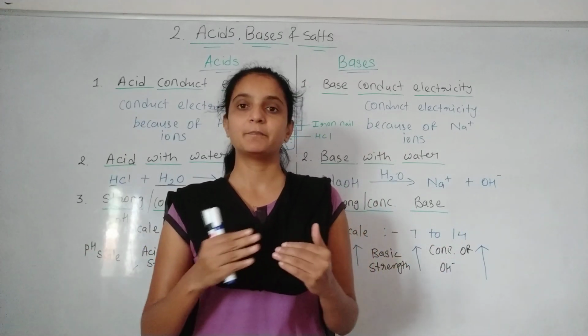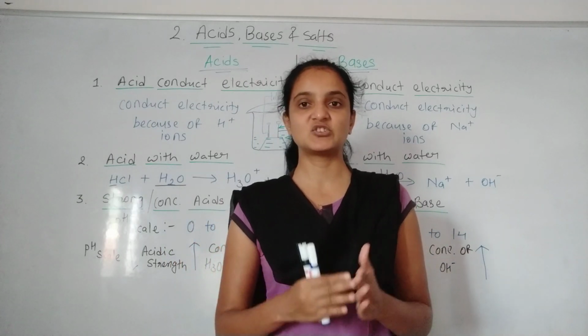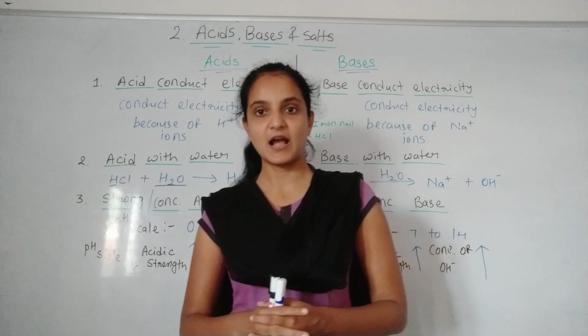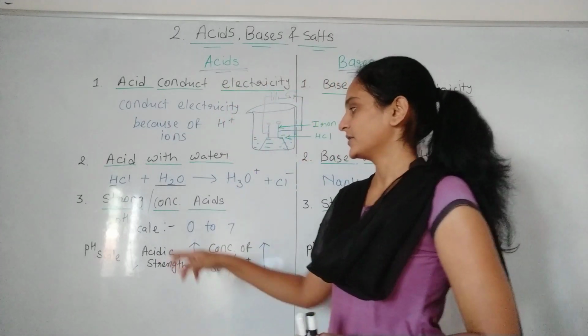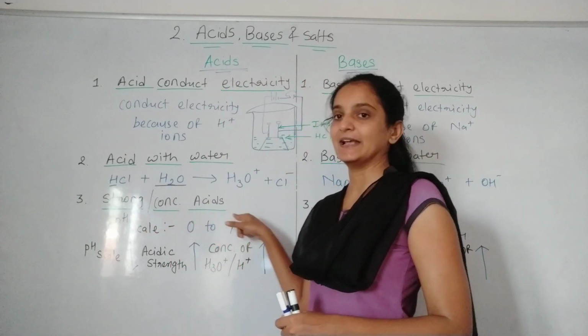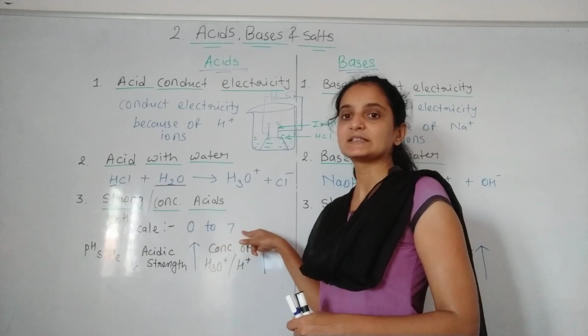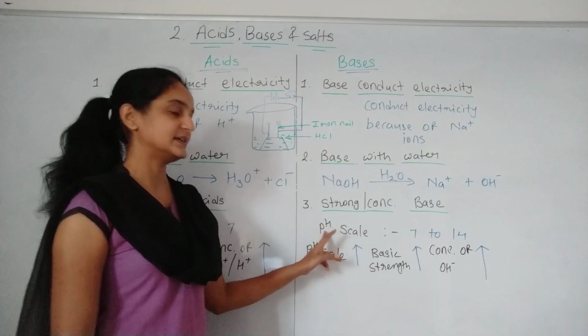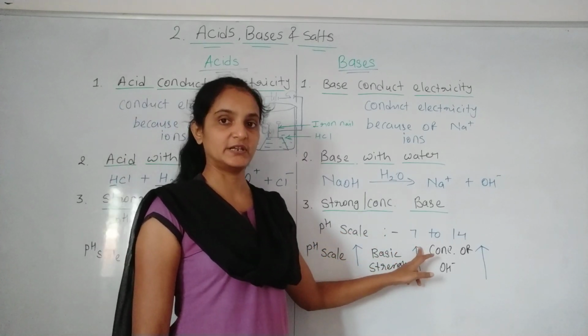So by the pH scale we are measuring the concentration of the hydrogen ion or hydronium ion. Here the pH scale for acids is 0 to 7, and in the same way, the pH scale for bases is 7 to 14.